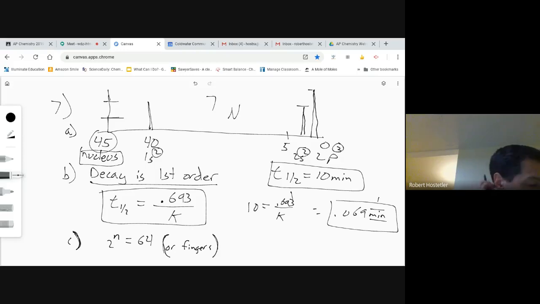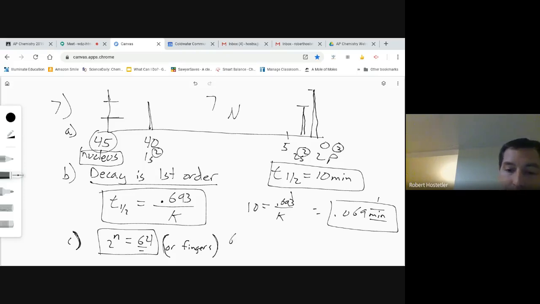Now, in the last one, it says if there's 64 atoms, how long does it take for it to get down to 1 atom? Well, the key here is figuring out how many half-lives go by. So the way you can do that is just use this little equation, 2 to the n equals how much stuff you're trying to get. Or you could just do it on your fingers.